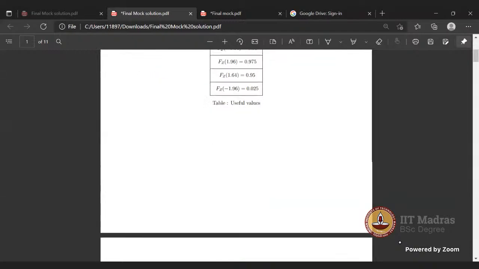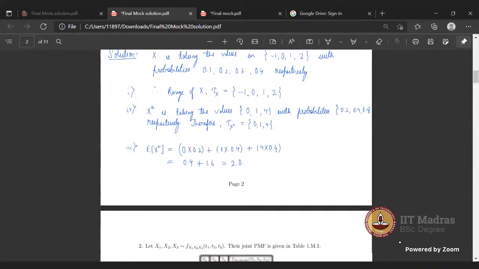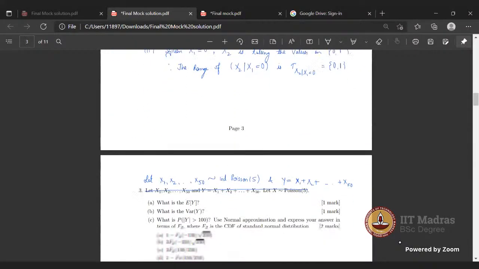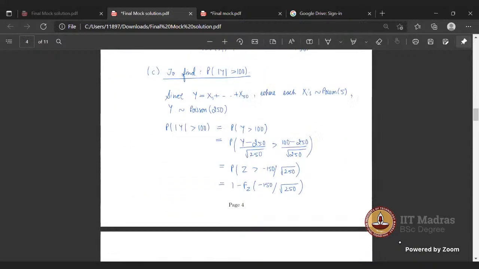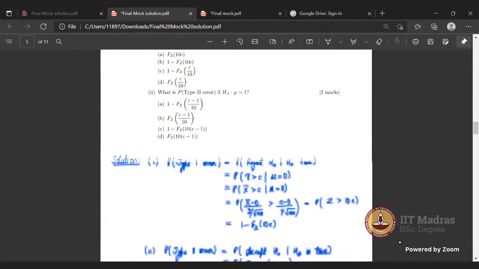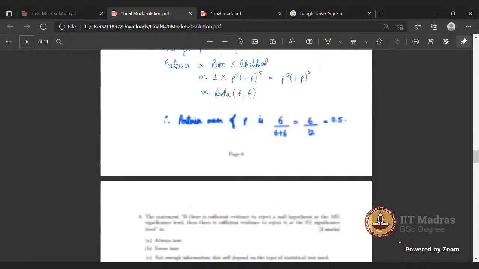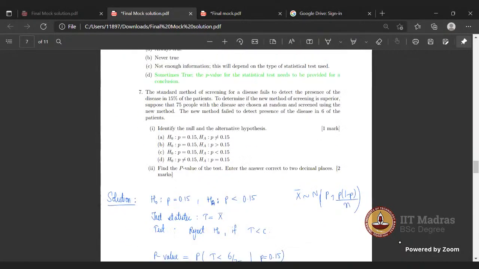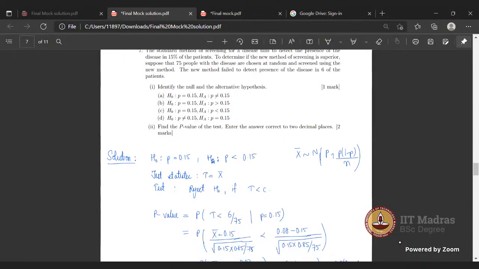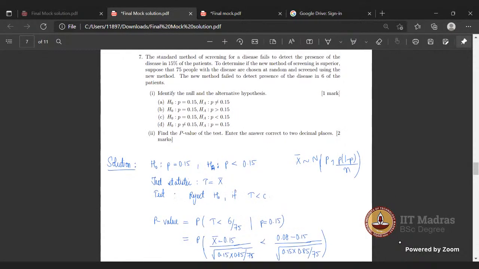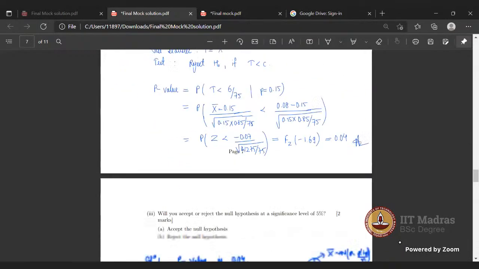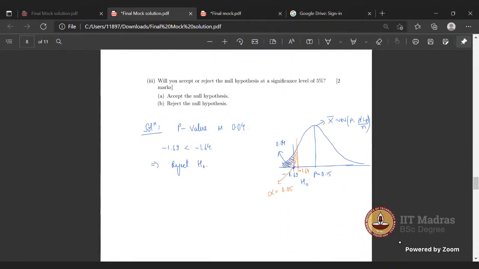Seventh one. Yeah, no, below that, the third one. I'm not able to get this.